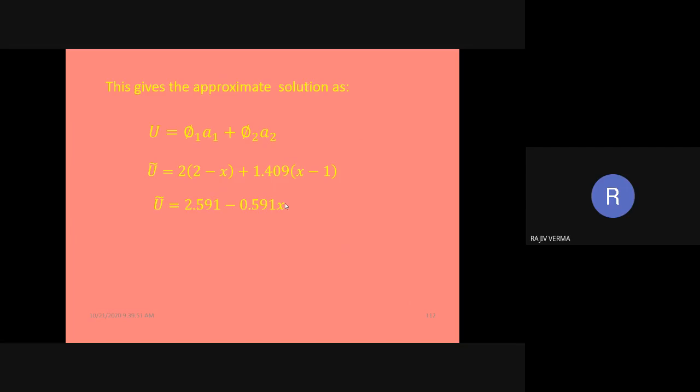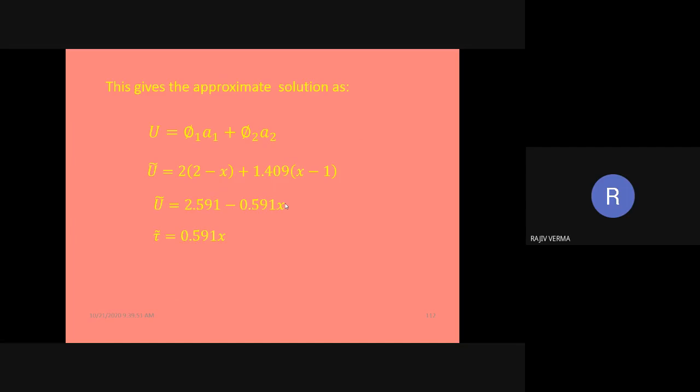And then obviously this equation of the approximate solution can be differentiated to get the corresponding value of flux, that is tau equal to 0.591 x.